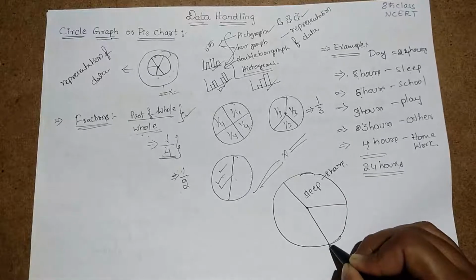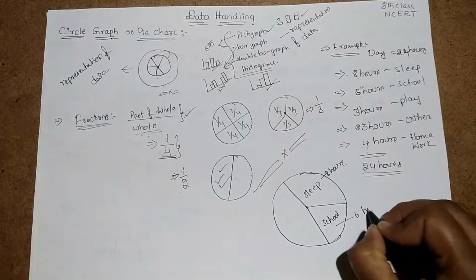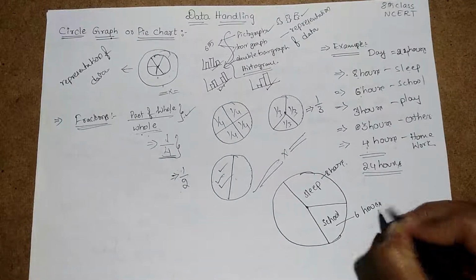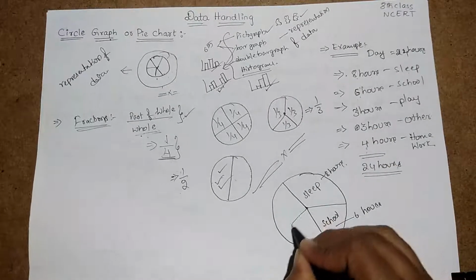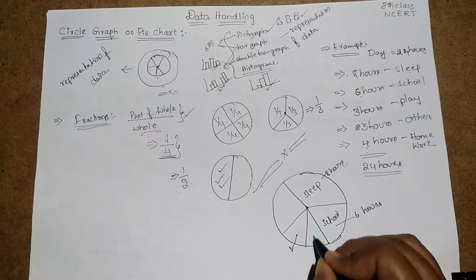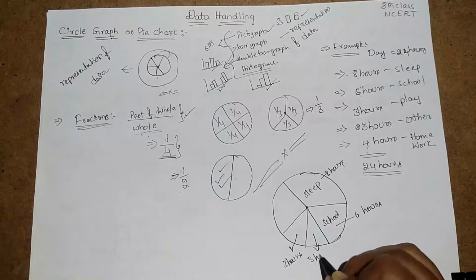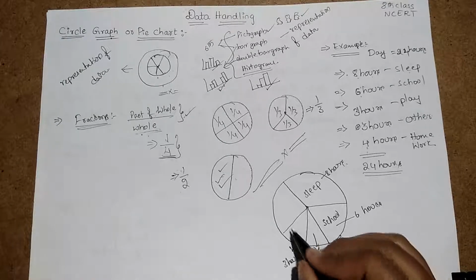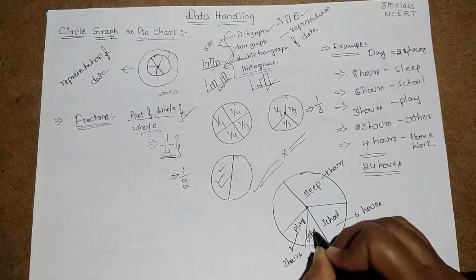So like this. This is school, indicating 6 hours. Next play 3 hours and others 3 hours. These two are equal to each other. So I am dividing like this. This is also 3 hours and this is also 3 hours. One is play, another one is others.